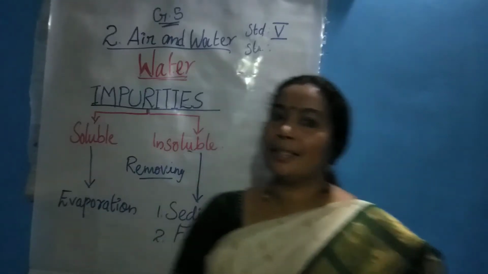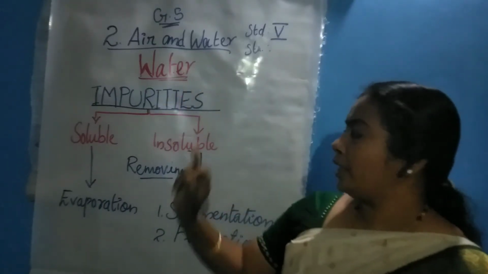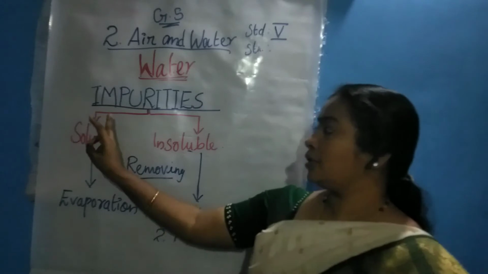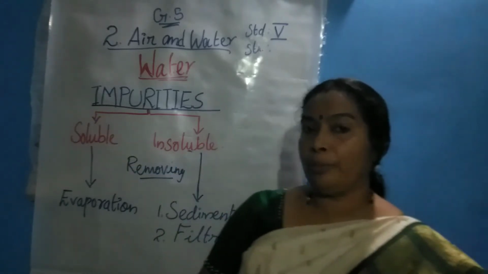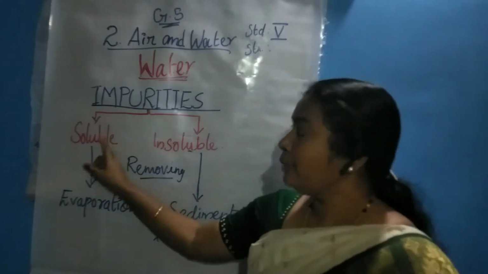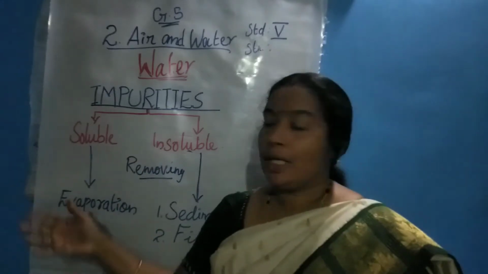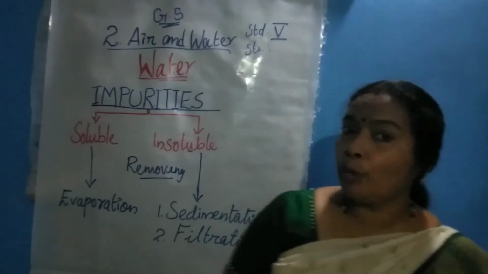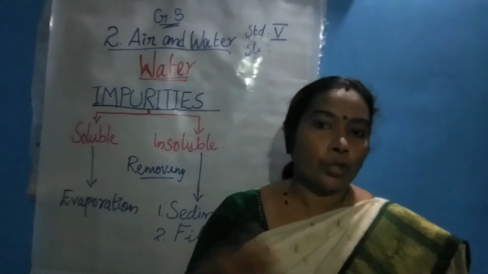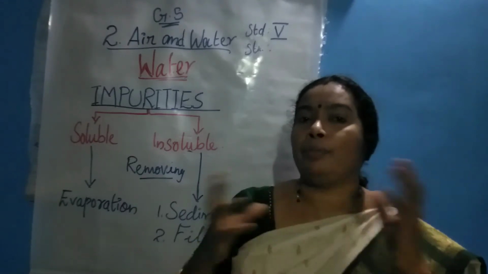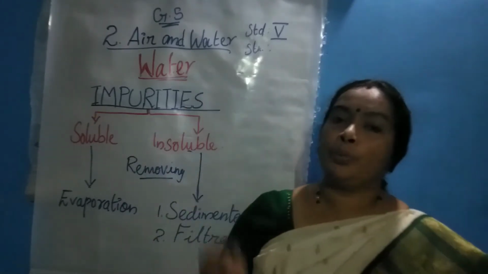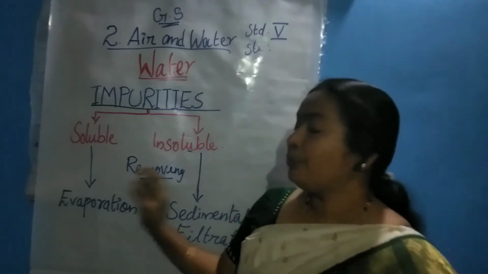So students, the impurities in water are of two types: soluble impurities and insoluble impurities. To remove soluble impurities, we use the method of evaporation. I already told you how we separate the dissolved impurities from the water.